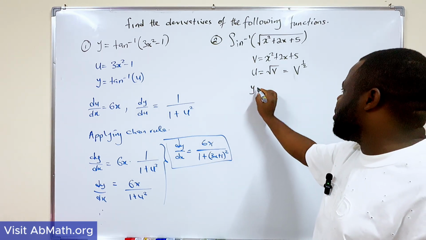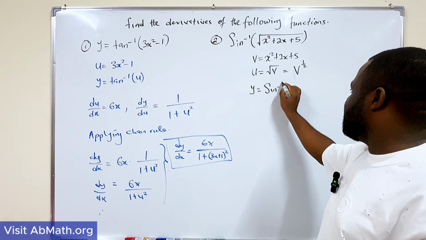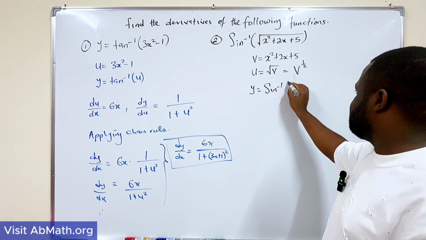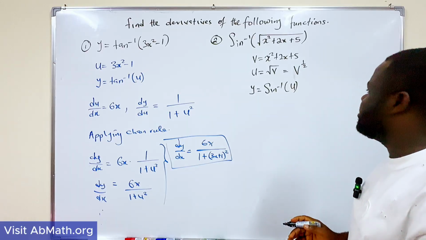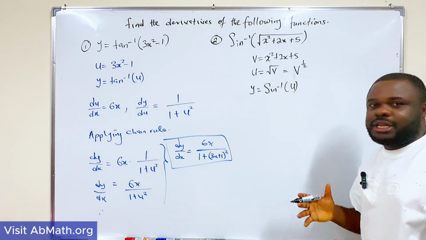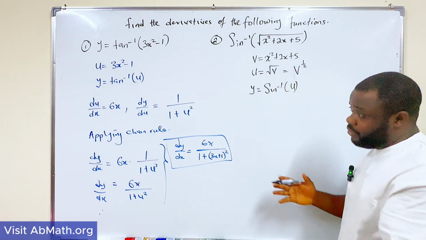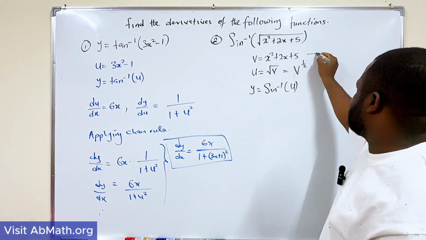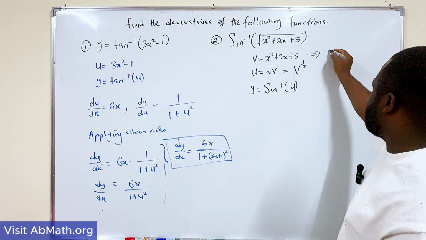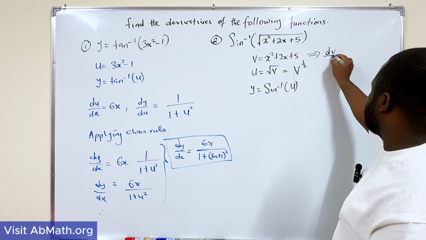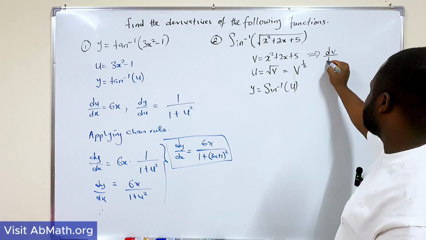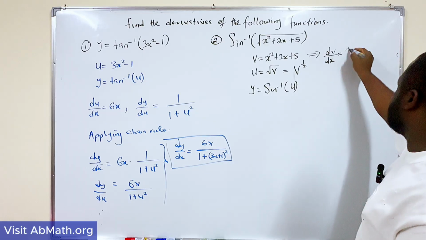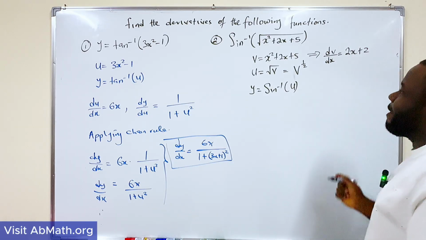Now, let's talk about the trigonometry. We say y equals sine inverse of u. Okay? And that is how we represent them. We are doing this so that we can use the chain rule, just like we did in the first question. So let's find the derivative of each. The derivative of v with respect to x, dv dx, will be 2x plus 2.